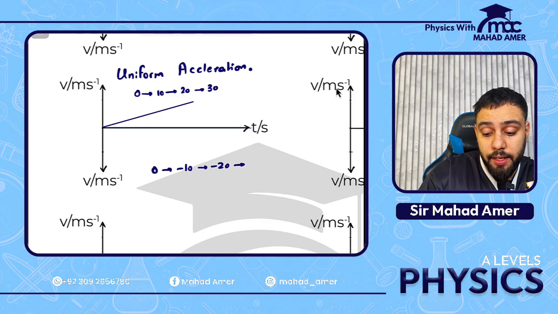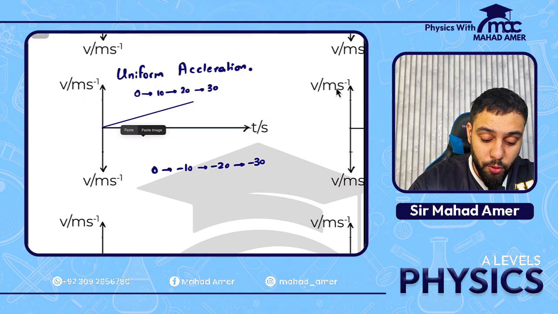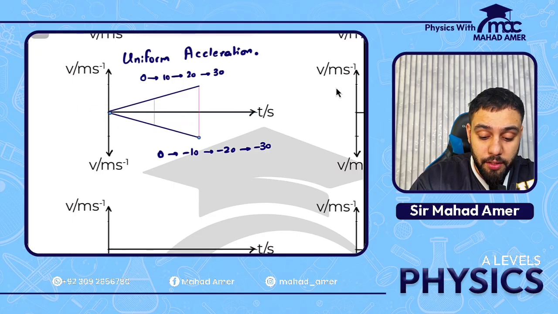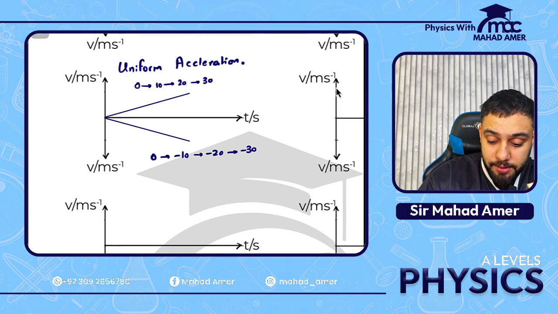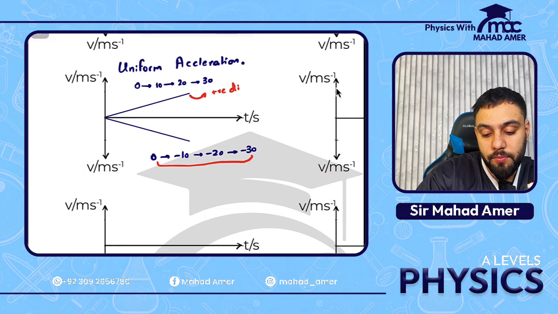This negative sign indicates that the object is gaining velocity in the negative direction. Other than that, there's no other significance of this negative sign. Rather, this negative sign indicates uniform acceleration in the positive direction and uniform acceleration in the negative direction.